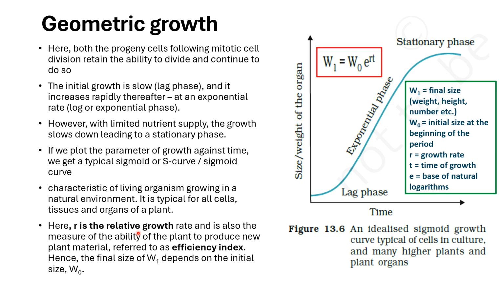This r is also called the relative growth rate or the efficiency index, and W1 depends upon the initial weight of the plant sample. Is that clear? Or the initial weight of the organ.